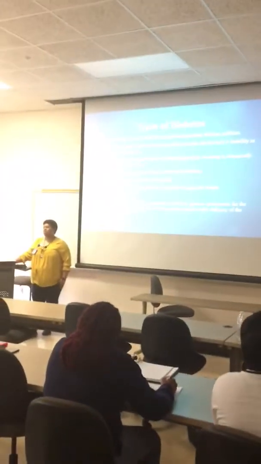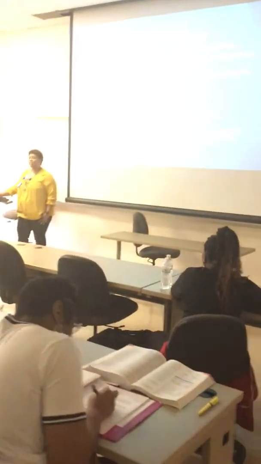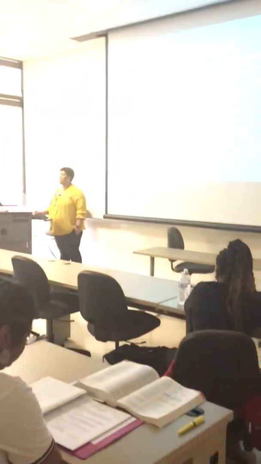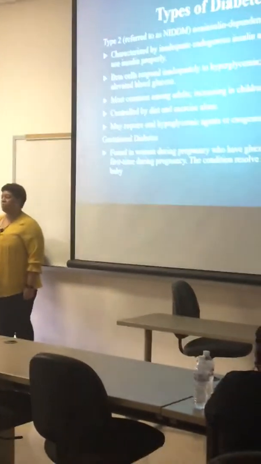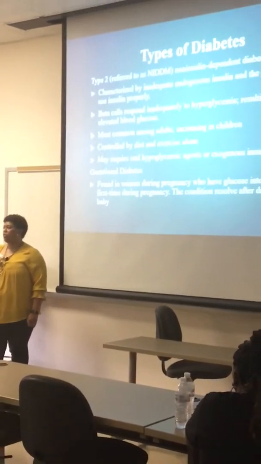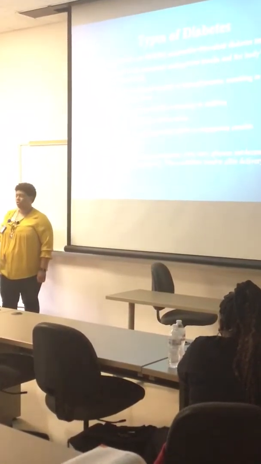Type 2 diabetes is referred to as NIDDM, which is non-insulin dependent diabetes. It is characterized by inadequate endogenous insulin and the body's inability to use insulin properly. The beta cells respond inadequately to hyperglycemia, resulting in chronic elevated blood sugars.